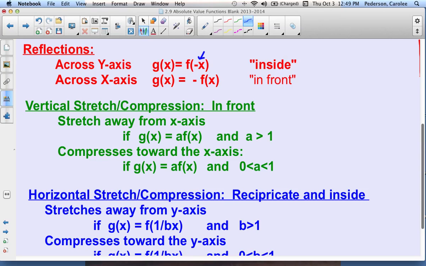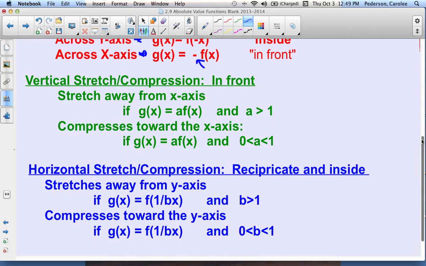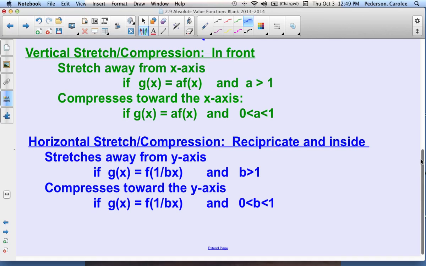So just to give you a heads up, if you have a negative inside the function, it's going to reflect it about the y-axis. If you have a negative outside the function, it's going to reflect it about the x-axis. Again, I don't want you to write these down at this point. When we have vertical stretches and compressions, these are multipliers in front of the function.